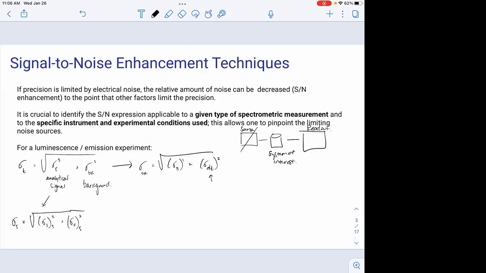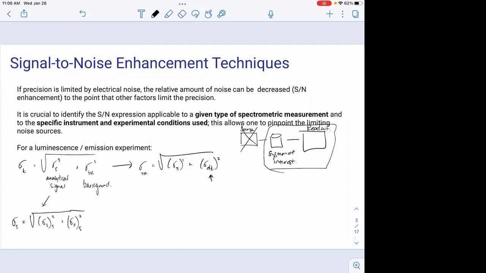Dark current would be if you didn't have a source, but you have electronics that are working in this area over here. There's going to be some amount of dark noise, total dark current, that will come from this part of your instrument without a source. So that's this one over here on the right.